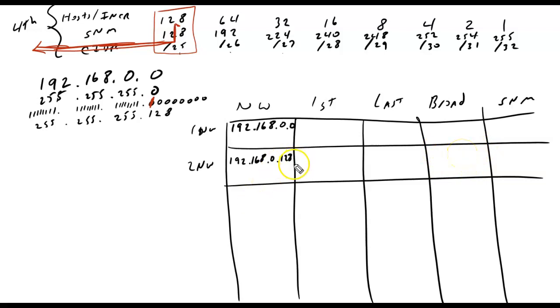In order to get the next one, let's go ahead and add another increment of 128 to this, just for accounting purposes. 192.168.0. Well, 128 plus 128 is 256. Now, I know that that's not a valid network address. We can only go up to 255. But it does give us enough information. This is only for accounting purposes.